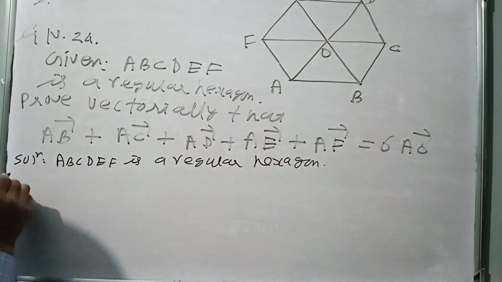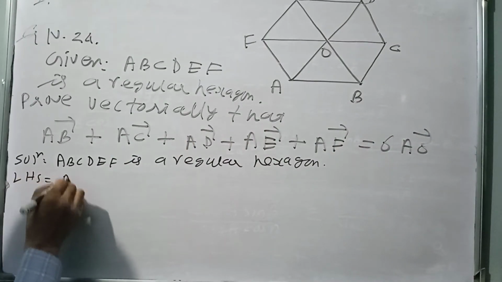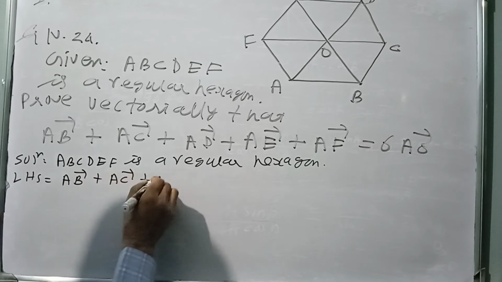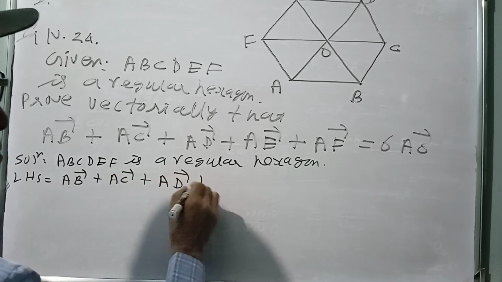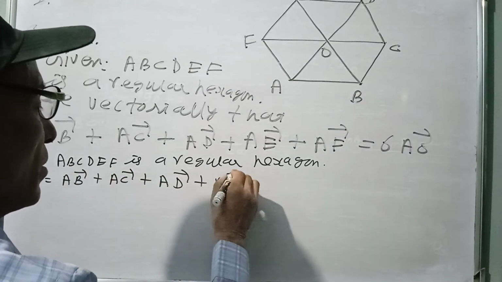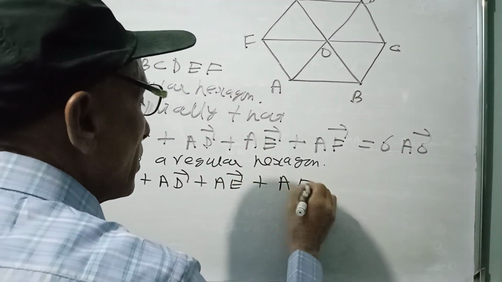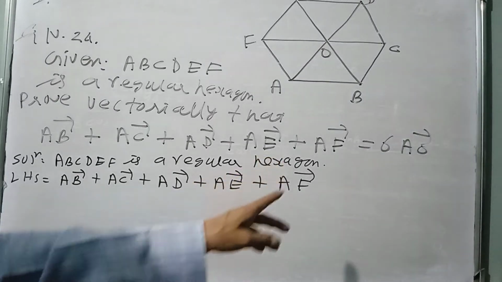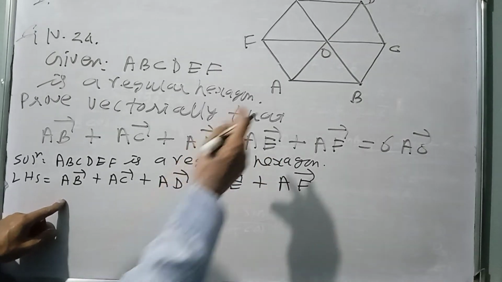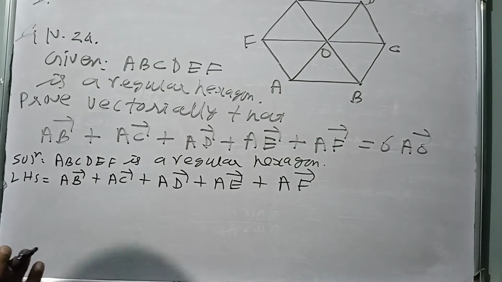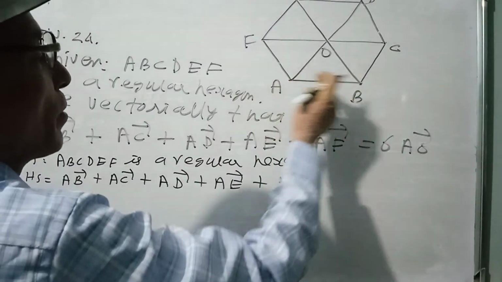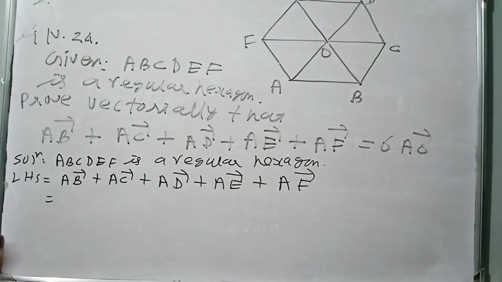To prove is that left hand side, vector AB plus vector AC plus vector AD plus vector AE plus vector AF, equals 6AO. What is the best way to prove it? You can write AC equal AB plus BC, but it becomes lengthy. So AB value is AO plus OB using triangle law.